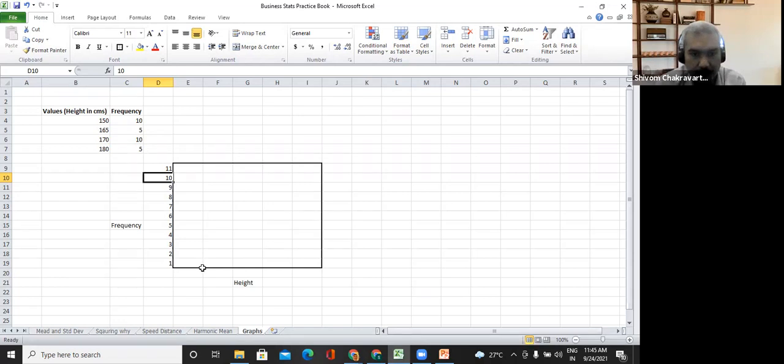At this point it is 150, so the bar starts from the midpoint between 150 and 160, goes up to the frequency, and comes down at the midpoint. Similarly, we will draw the rest of the 4 bars.